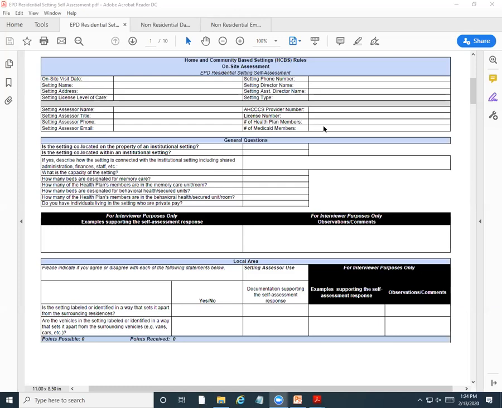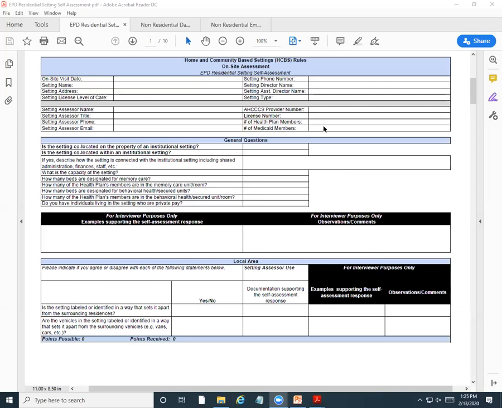Thank you. Another key point I want to stress is that you are going to answer these questions in general for your setting. These answers won't be based upon a member's specific needs or what a guardian wants or says. This is just in general, someone coming into your setting with no health and safety issues, no guardian issues.